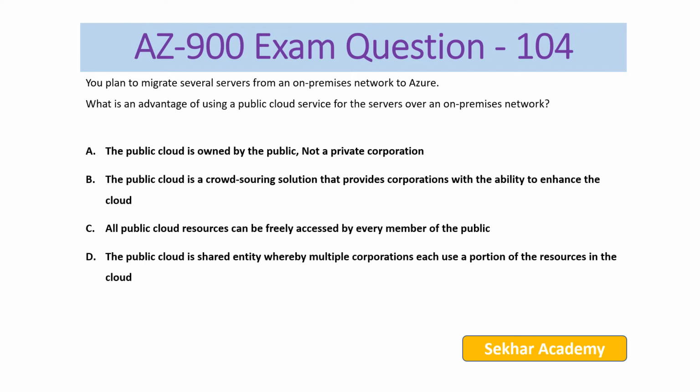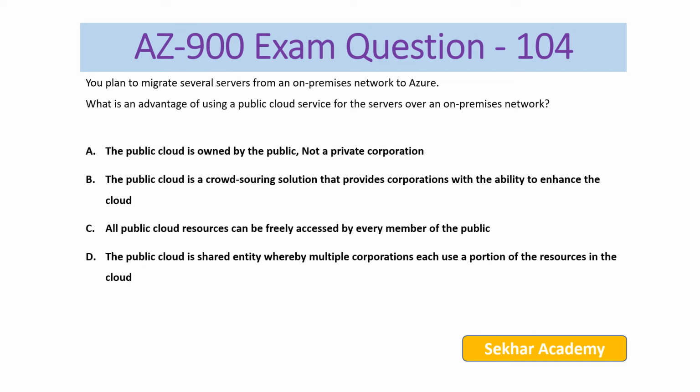B, the public cloud is a crowdsourcing solution that provides corporations with the ability to enhance the cloud. C, all public cloud resources can be freely accessible by every member of the public. And D, the public cloud is a shared entity whereby multiple corporations each use a portion of the resources in the cloud.